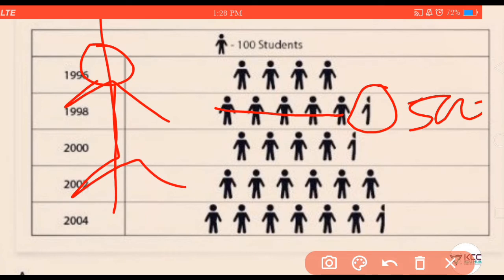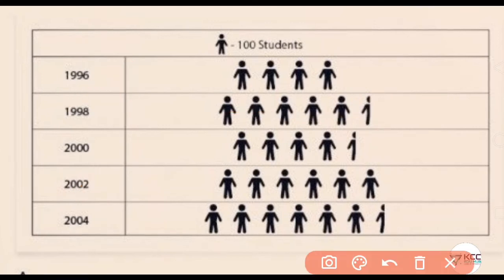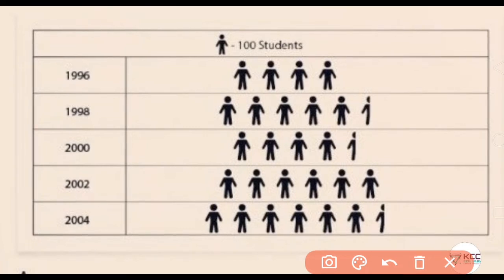Only a half part we have to draw, so that it is an approximate value. It is not a perfect one, 35. We can't show the 35 students here as a symbol. So half a symbol equals less than 100. It's the approximate value. In the year 2000, there are 472 students.